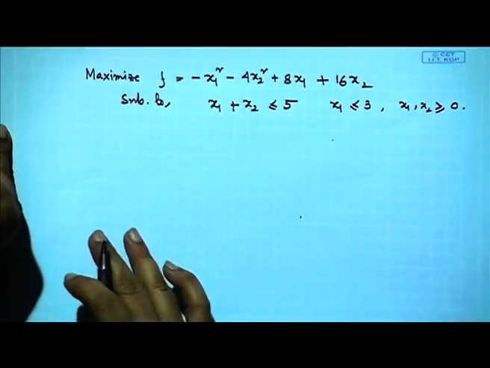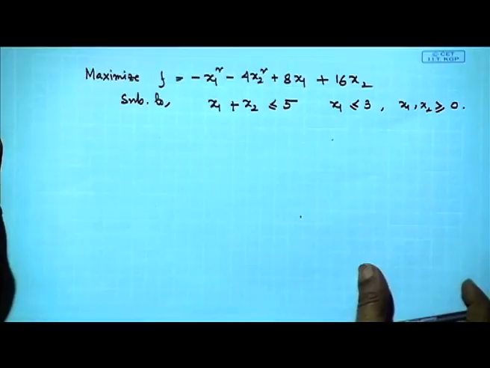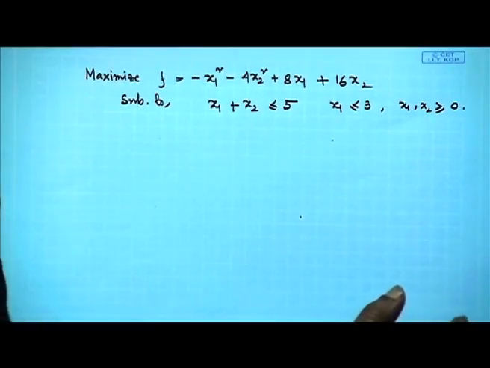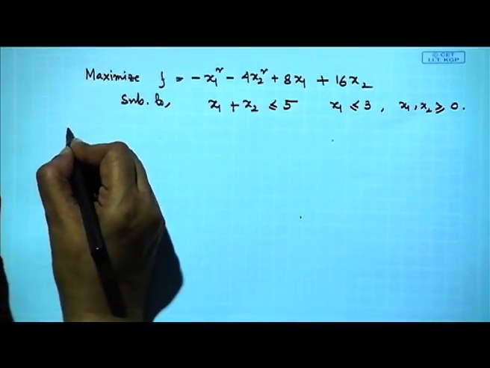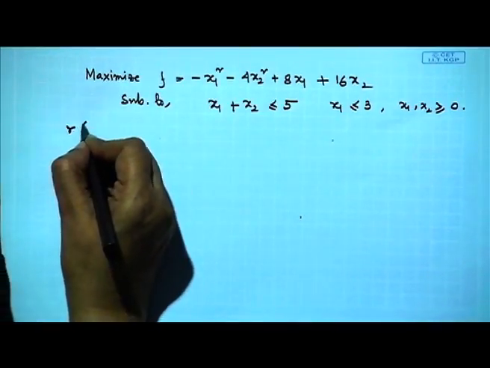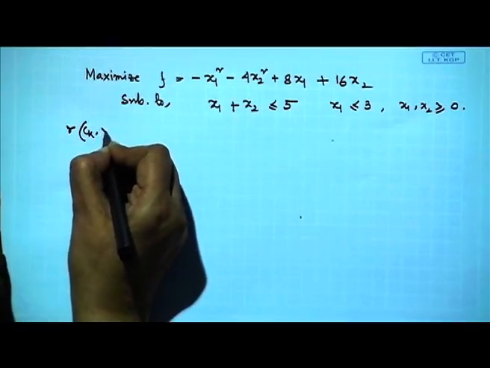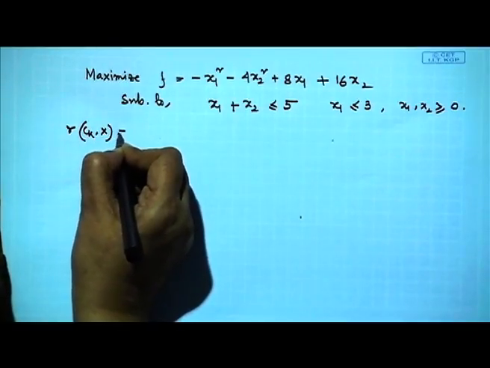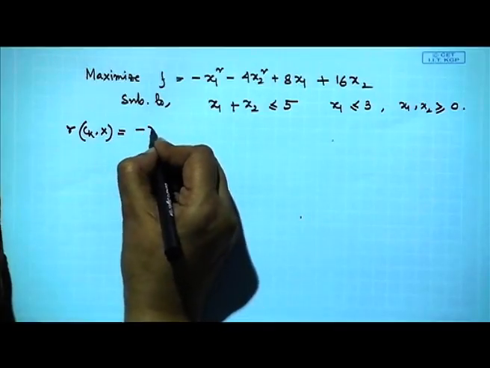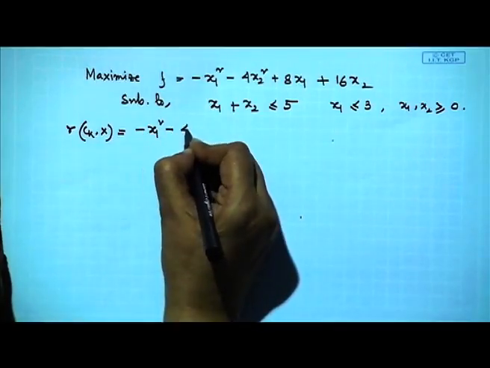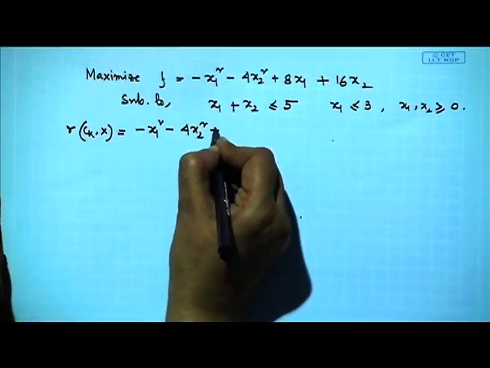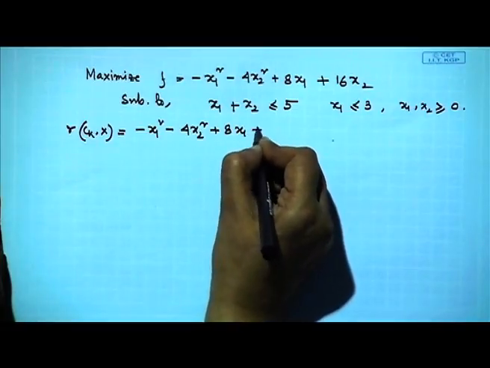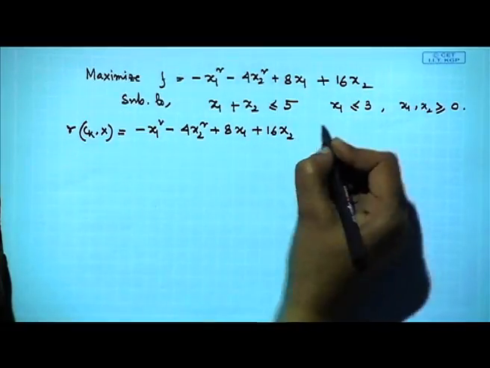Now, we want to apply the interior penalty function method for this, and we will consider the inverse barrier function for this. That is why r(ck, x) will be equal to minus x1 square minus 4x2 square plus 8x1 plus 16x2.